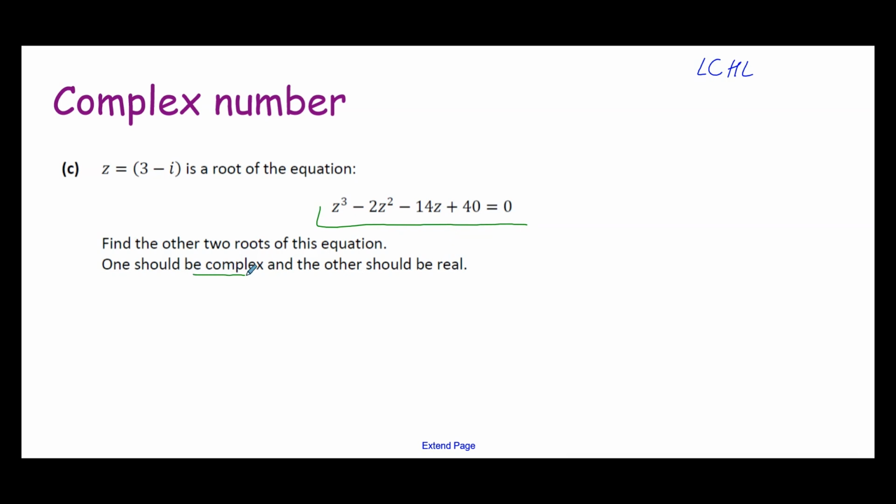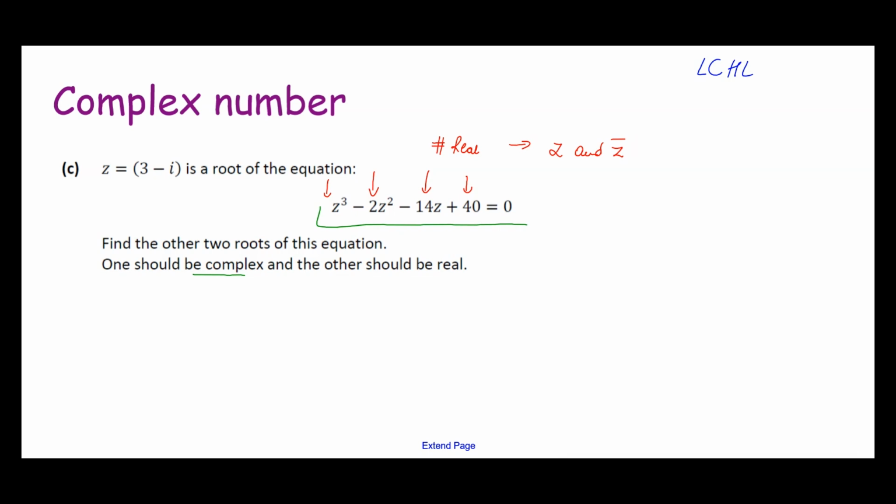The reason why they are saying that one is complex, let's remember something about equations and roots. My coefficients, -2, -14, plus 1, are all real values, aren't they? When all coefficients are real, the roots of that equation will include the complex number and its conjugate.